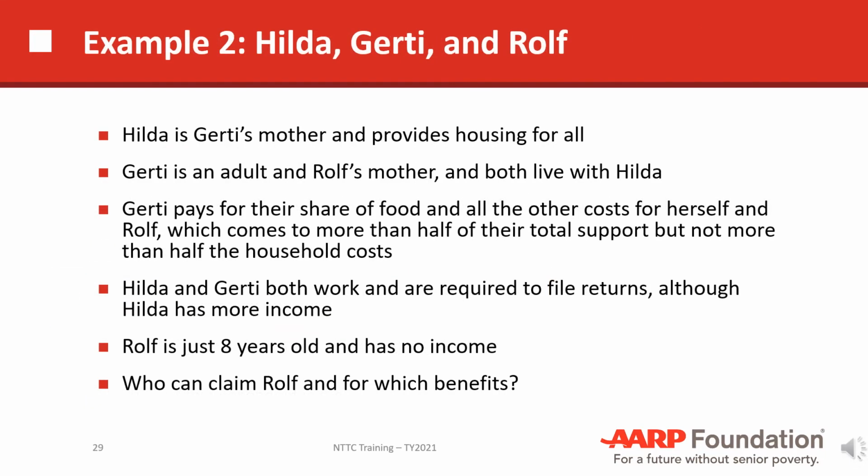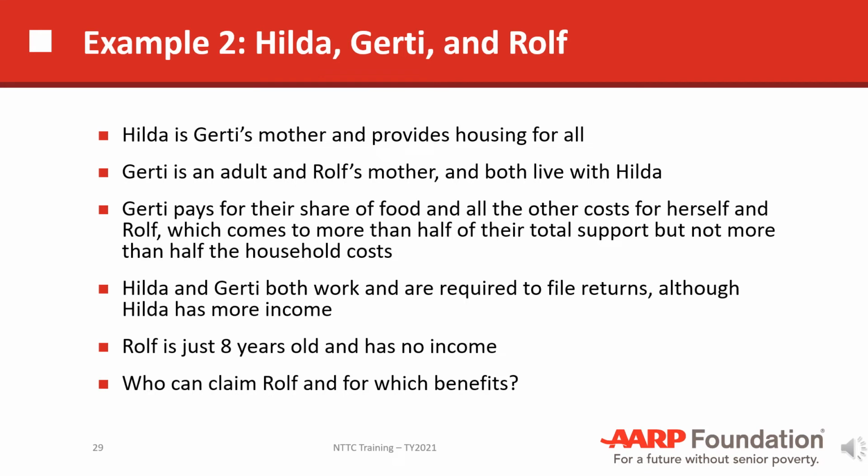Example number 2: Hilda, Gertie, and Rolf. Hilda is Gertie's mother and provides housing for all three. Gertie is an adult and Rolf's mother, and both live with Hilda. Gertie pays for their share of the food and all the other costs for herself and Rolf, which comes to more than half of their total support, but not more than half the household costs.